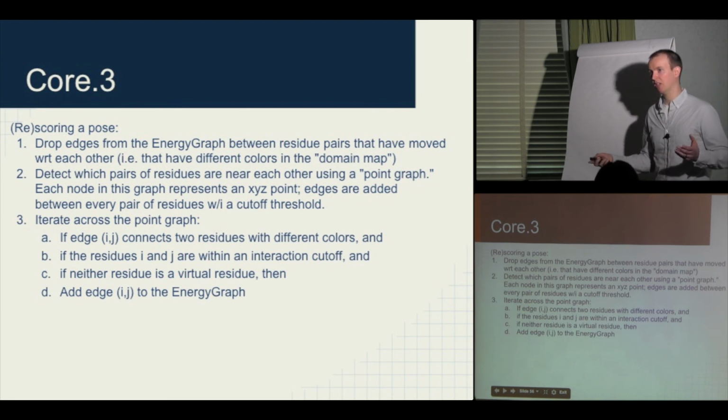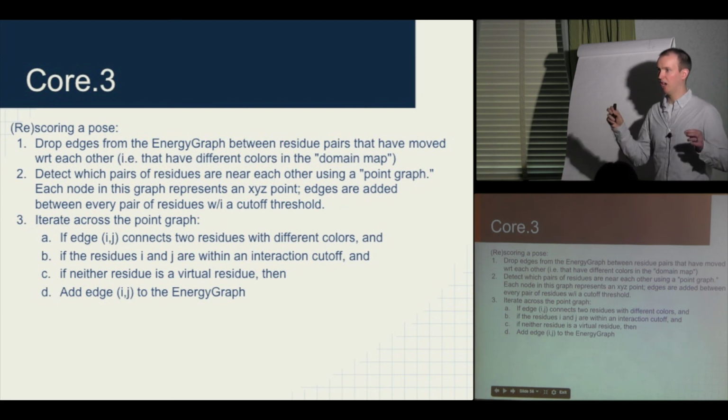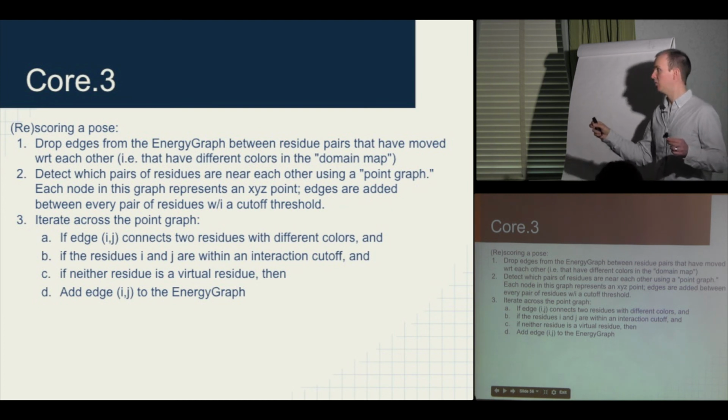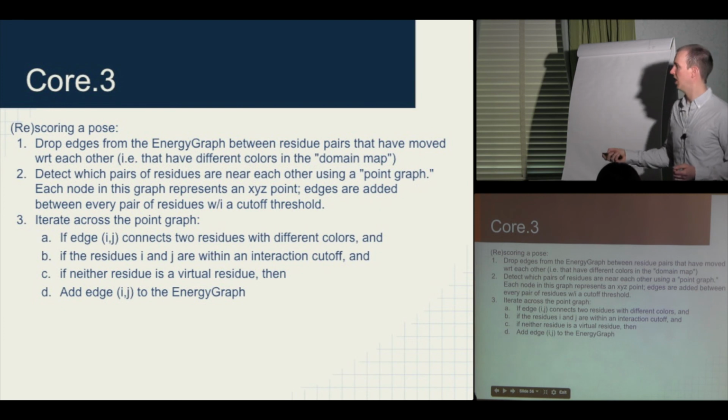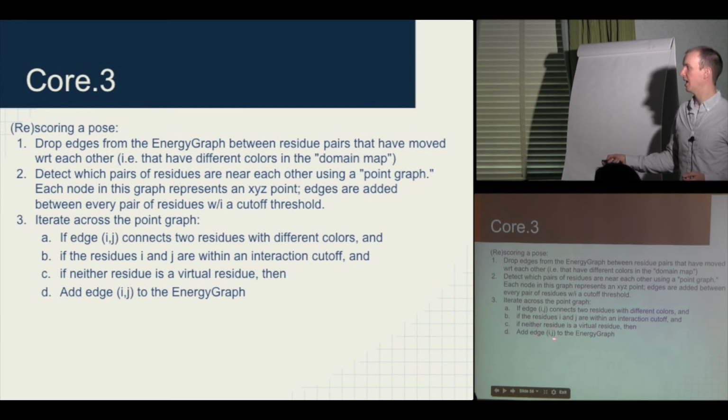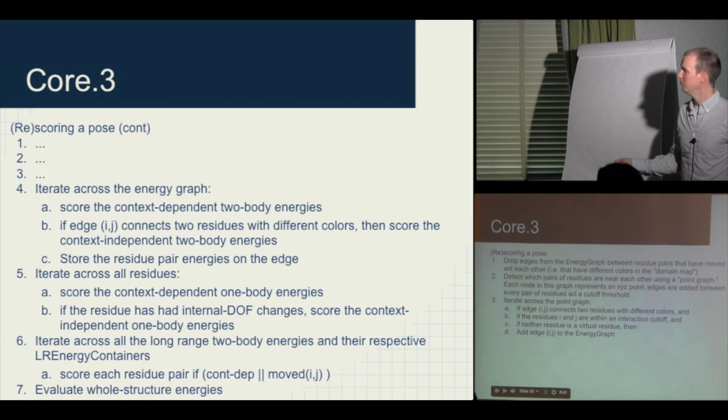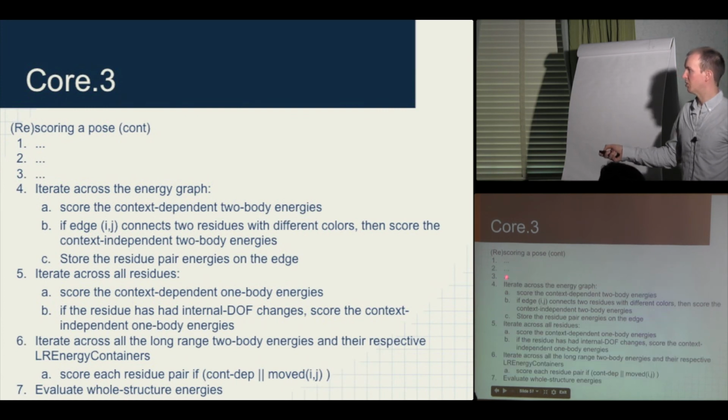So if the maximum distance is 6 angstroms, and you've got two residues, each with 3 angstrom radii, then if their C betas are within 12 angstroms of each other, then they'll get an edge in the energy graph. And if neither of the residues is virtual, then you go ahead and add an edge to the energy graph. All right, so you've done steps 1, 2, and 3. Now you're going to iterate across the energy graph. You'll rescore the context-dependent two-body energies because the context has possibly changed.